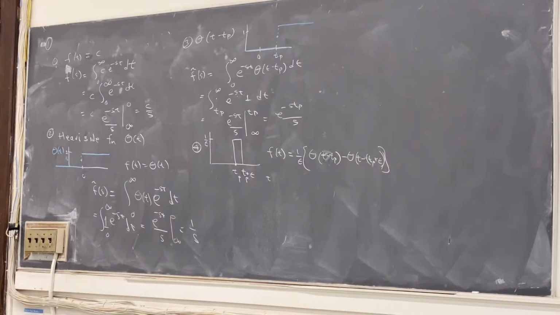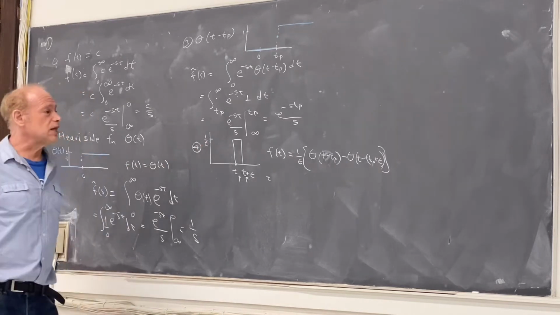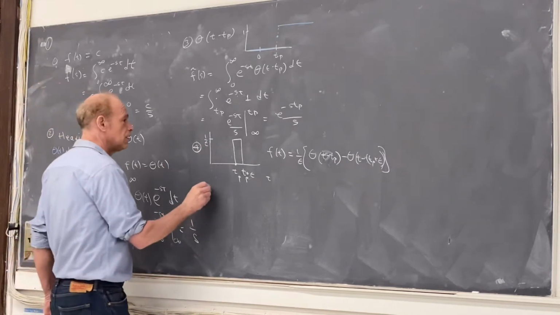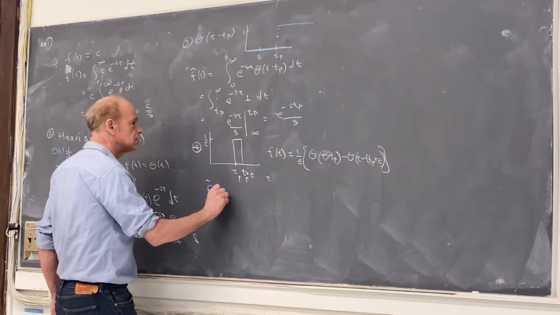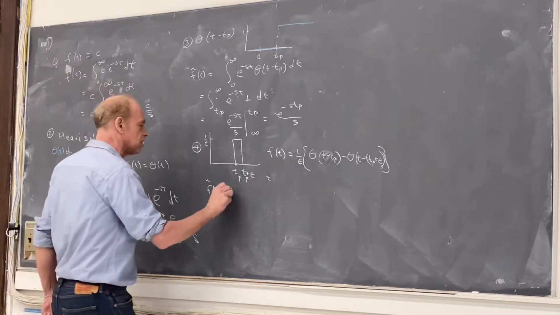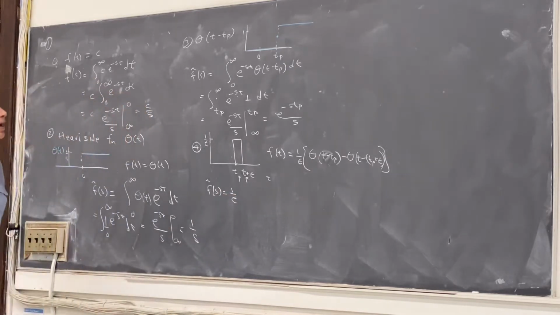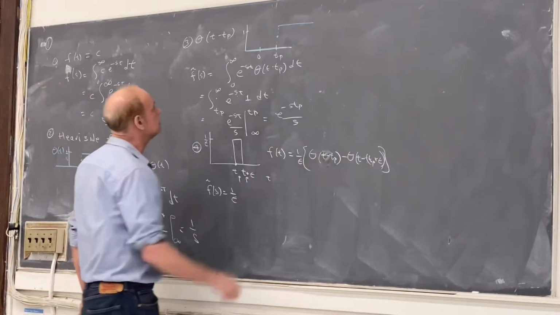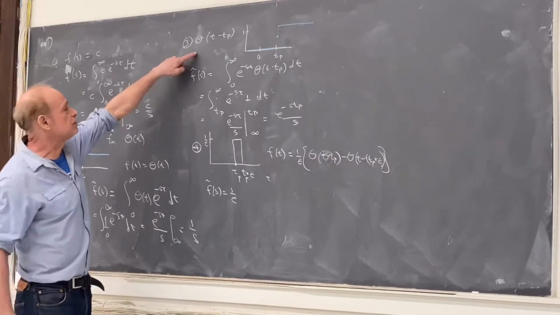So I've constructed this function, and let's see what I get. So what is f tilde of s? Well, I already know what these guys are. So I have a 1 over epsilon, and I have theta of t minus Tp. Well, I know what the transform of that is.